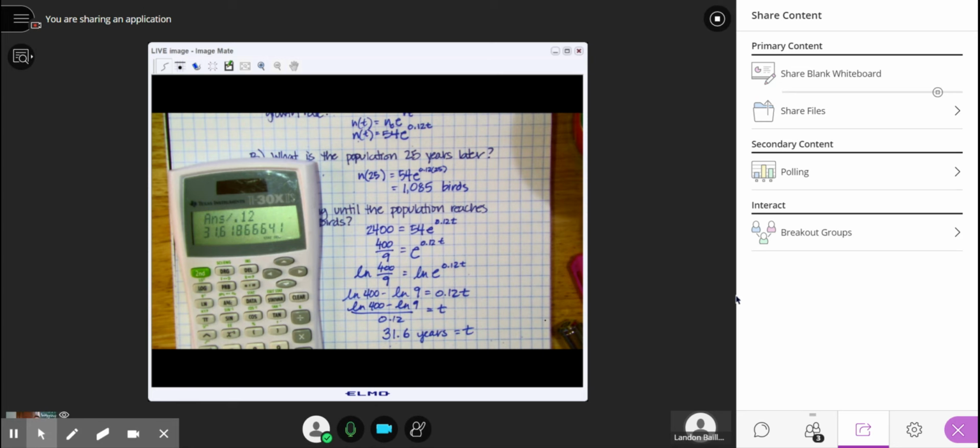All right, this is going to be enough to get you started on 4.6, but I did not get to exponential decay, nor did I get to Newton's law of cooling. So tomorrow's Q&A is going to be a lecture on those two topics.